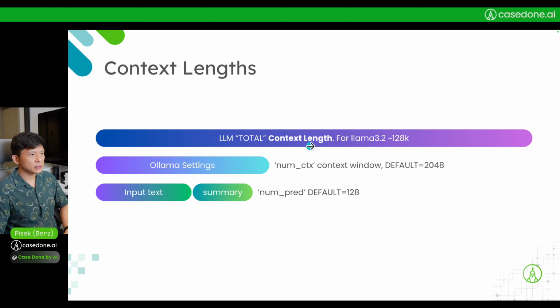The first one is the LLM's context length itself. This is the context length that the model is trained on. Beyond that, it's going to get worse. For example, Llama 3.2 has a context length of around 128,000 tokens. GPT-4o is roughly the same thing.